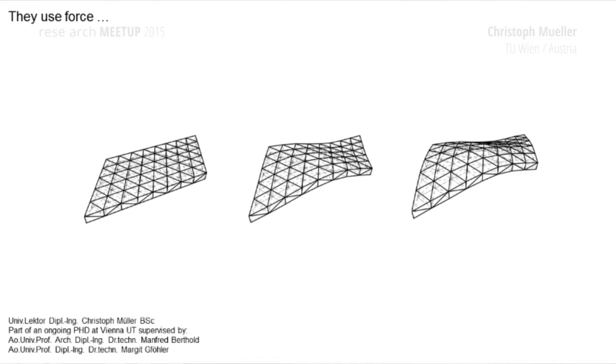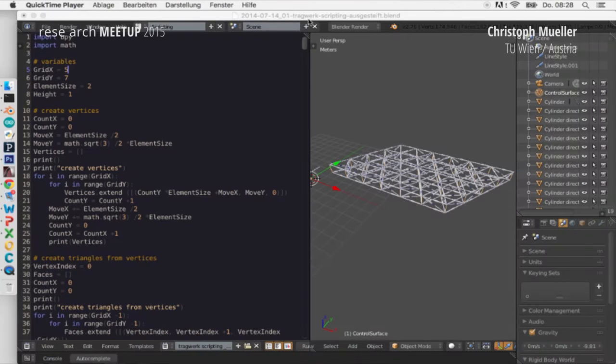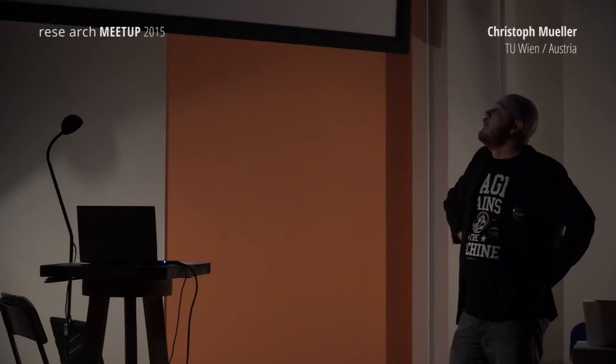So this is one small glimpse into the programming behind it. This is a Python script on the left side, which is going to set up the kinematics for this mesh you can see.